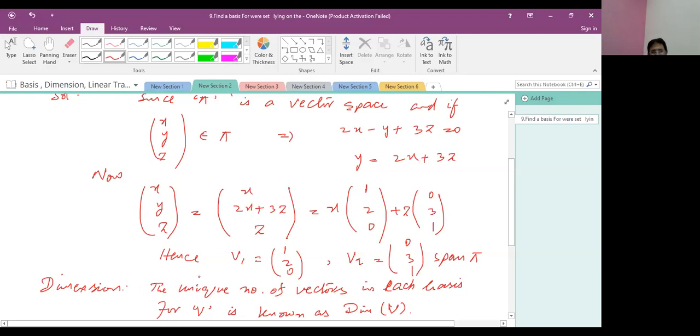Since they are linearly independent, they form a basis for plane pi.